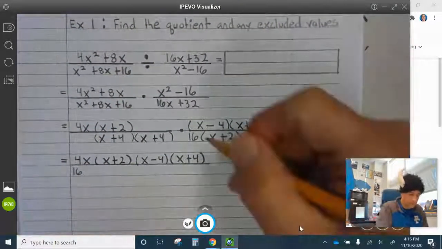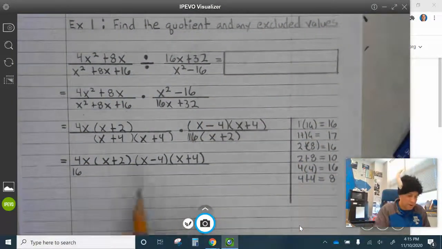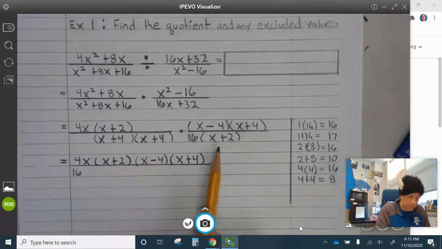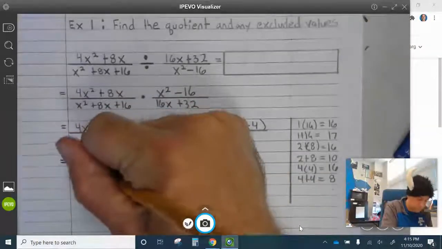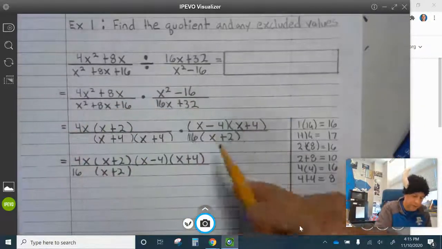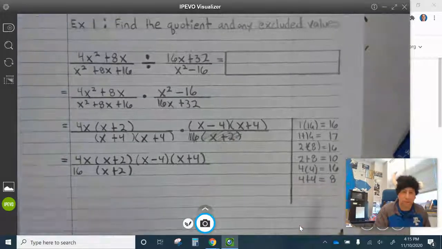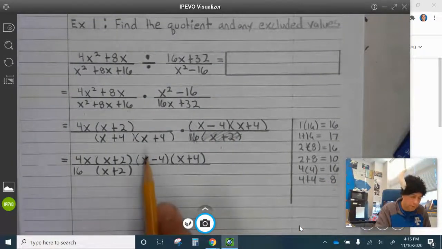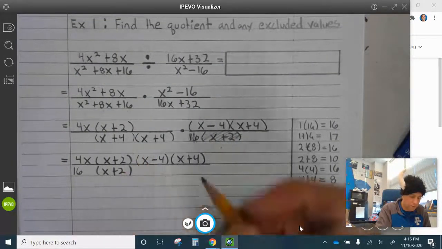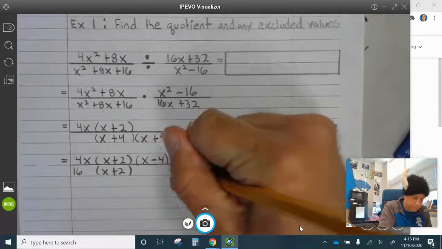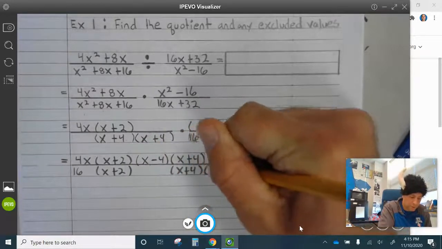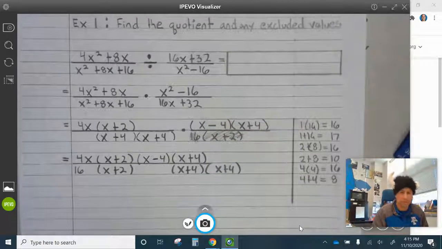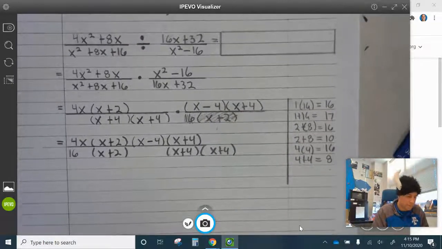So we're done with that. Now, let's see, do we have an x plus 2? We do, so that's x plus 2. Again, I like to shade these out as I use them so I don't use them again. Now, do we have an x minus 4? We don't. Do we have an x plus 4? Yes, we have an x plus 4. And we have an x plus 4.